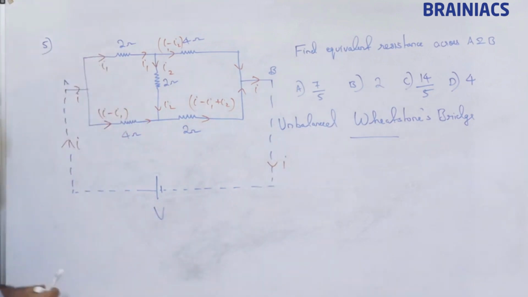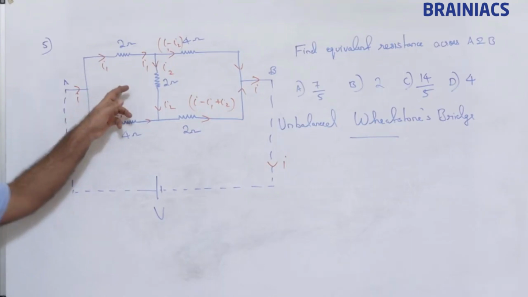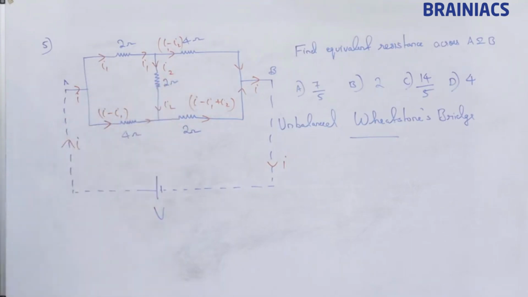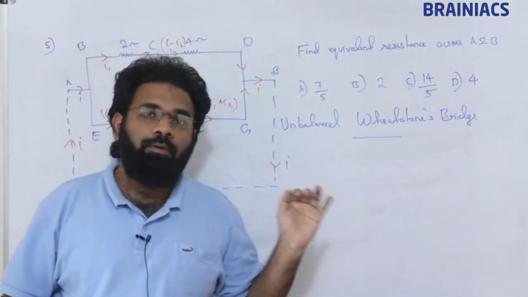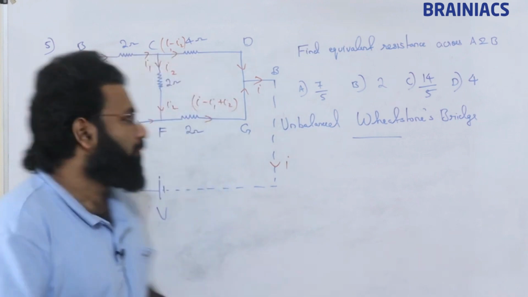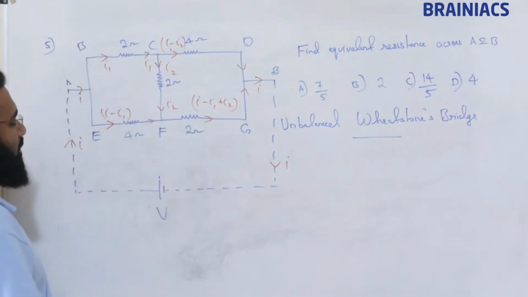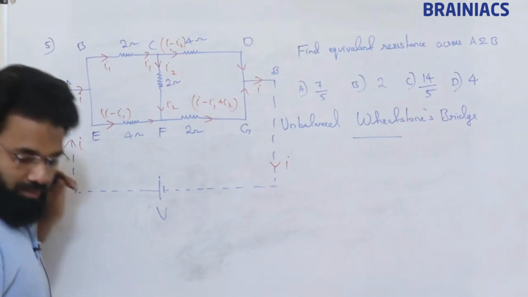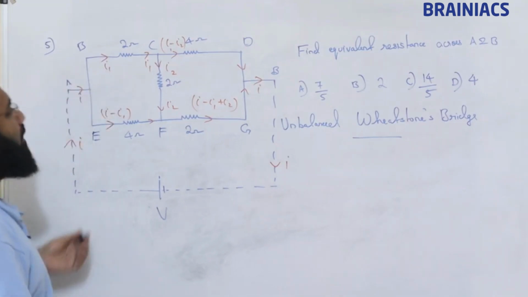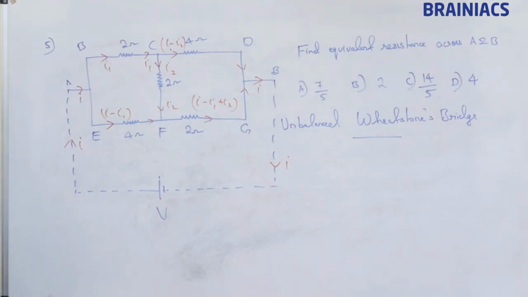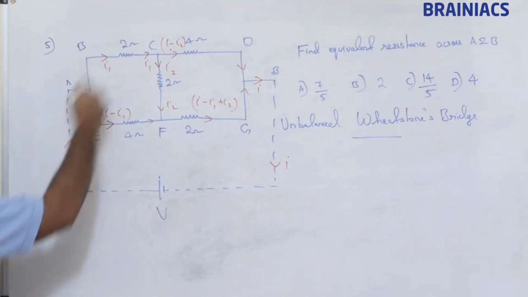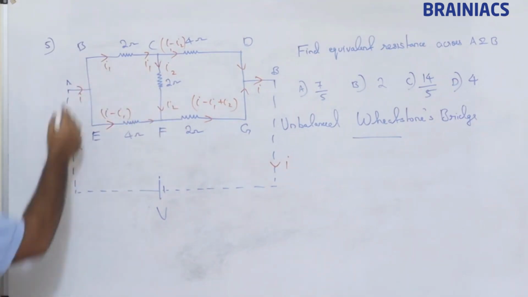Now if we take loops, for the first loop, second loop, we can find the value of currents. According to the last step, we should select a loop with the minimum resistance, because that will make our task easy. There are many closed loops here.